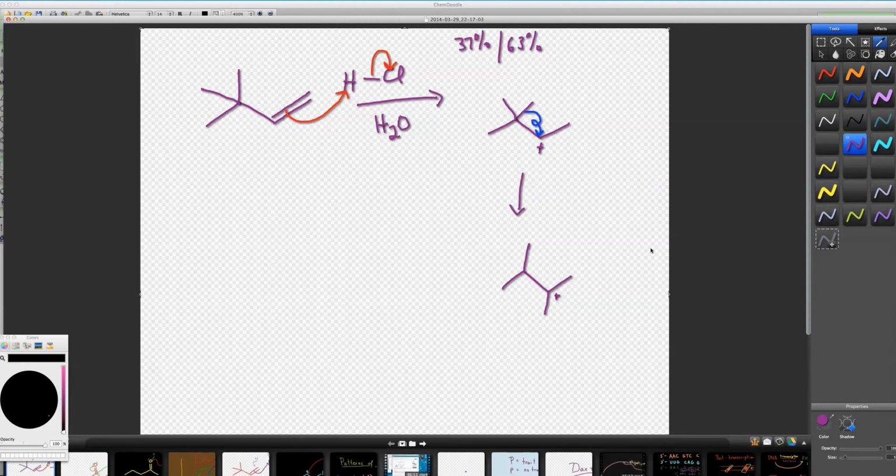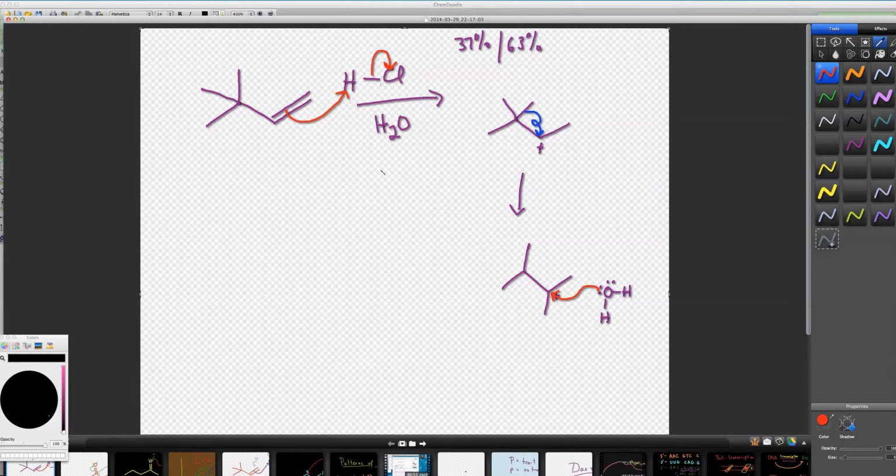Now there's a competition between the nucleophiles H2O and Cl-. H2O wins this battle. It's the better nucleophile because it's the stronger base. So in this third step, we get nucleophilic attack.